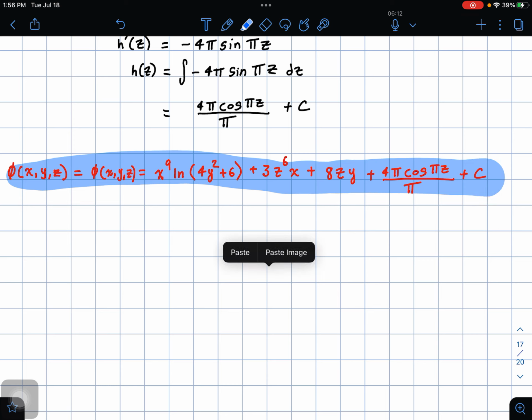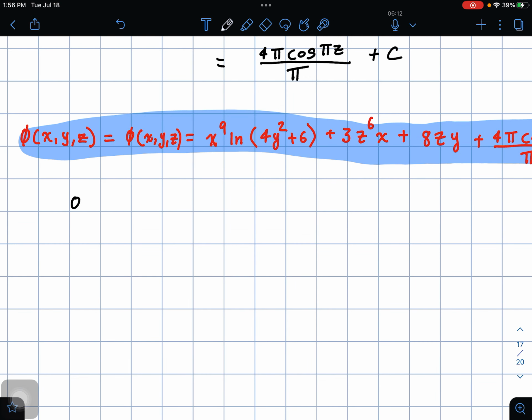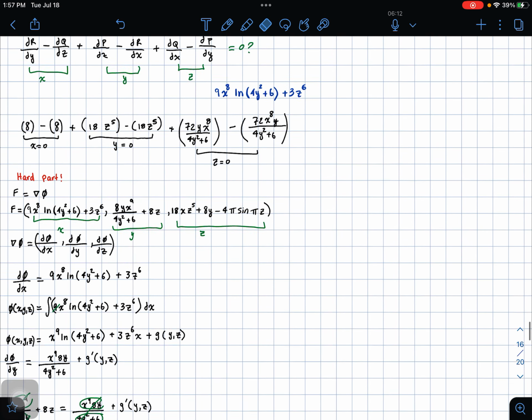Wow. So to get our final answer, what we have to do is take phi of something minus phi of something, and this something is the end point and starting point. So what's our starting point and what's our ending point?